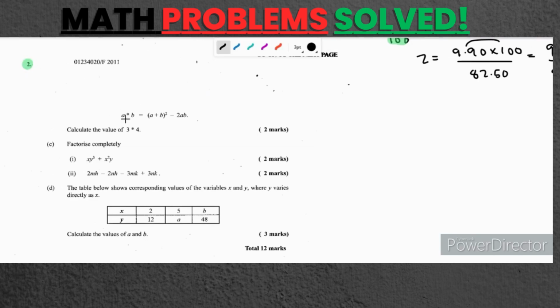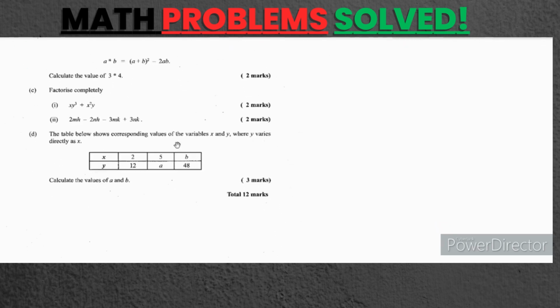What it says: a star b equals a plus b whole squared minus 2ab. So this expression is given to us, right? And we have to calculate the value of 3 star 4. So how will you calculate 3 star 4? You will just replace a by 3 and b by 4 in this expression, right? So it's a star b.